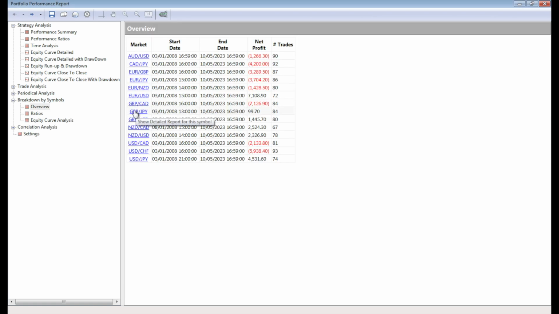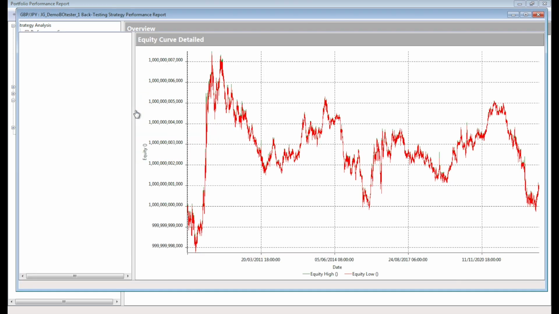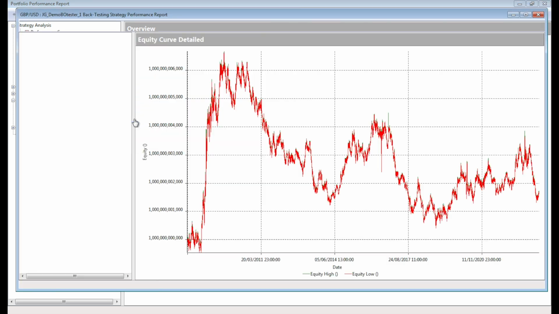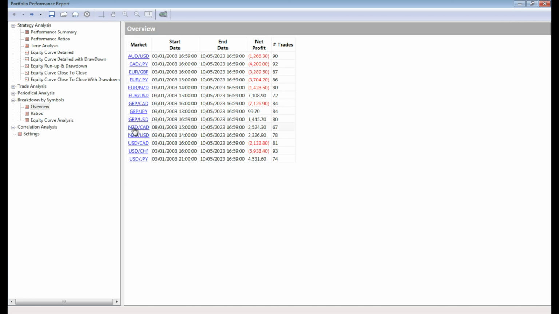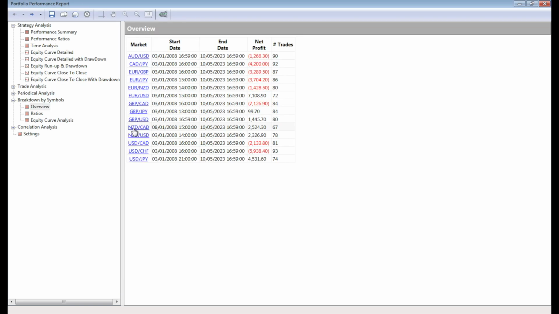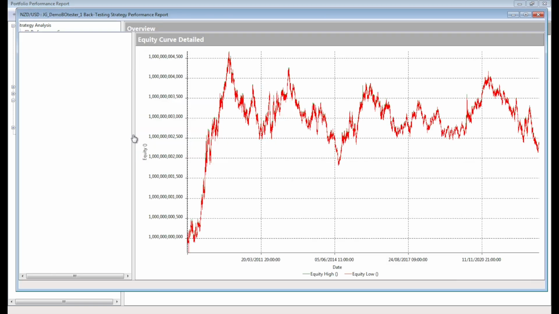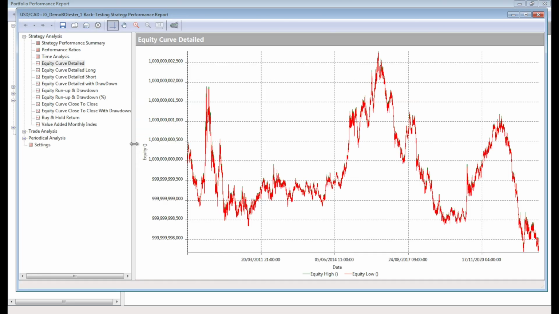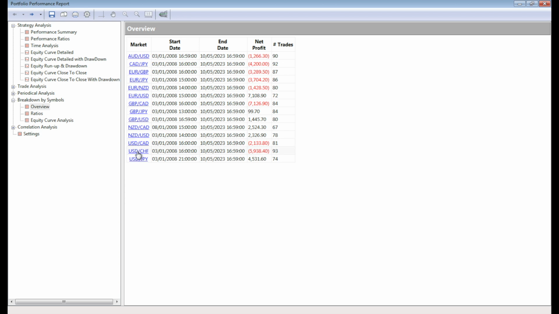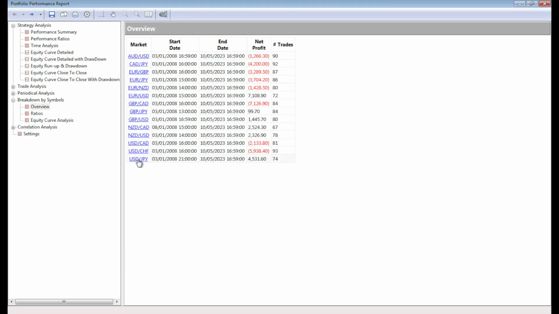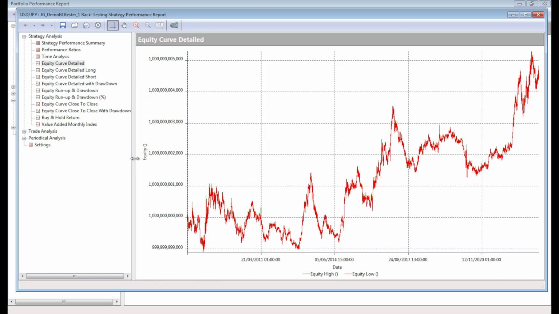Pound yen, making money but virtually nothing. Pound US dollar, New Zealand Canadian dollar, New Zealand US dollar, US dollar Canadian, US dollar Swiss franc, and finally US dollar Japanese yen, still making money on this time frame too.